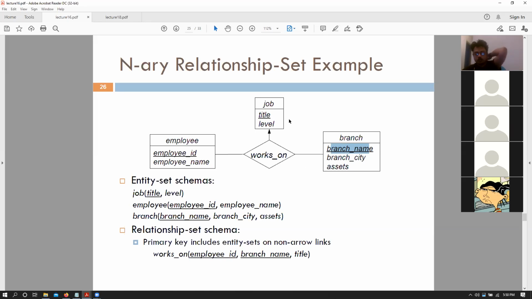Now comes the relationship set that is works on, right? So works on is a many to one relationship, right? In the broader sense, this is a many to one relationship where the many part is employee and branch, where the one part is the job part, right? And remember the rules that we had in terms of many to one relationships.